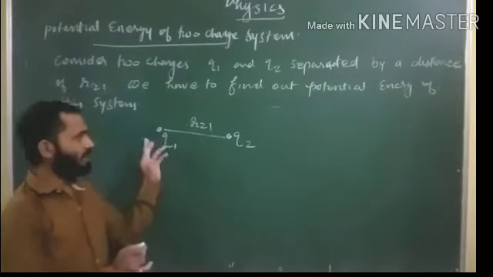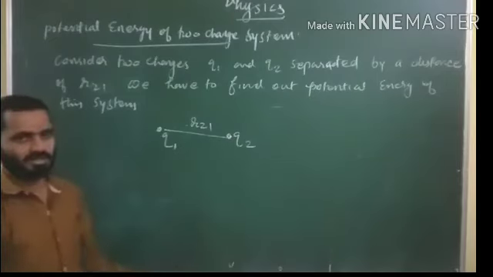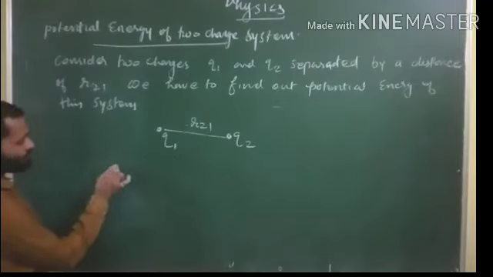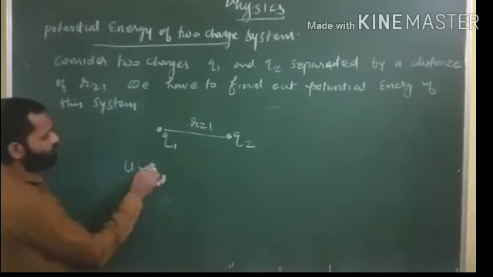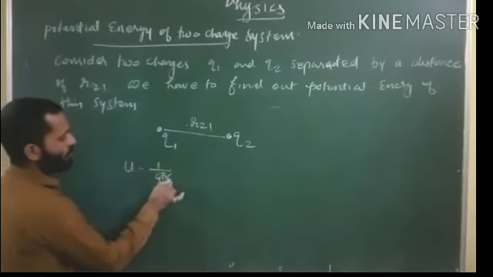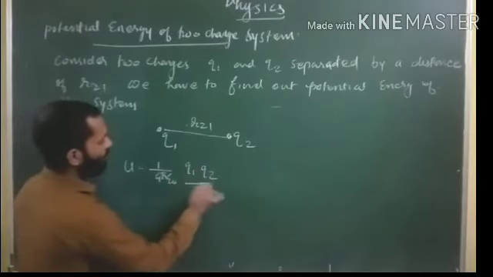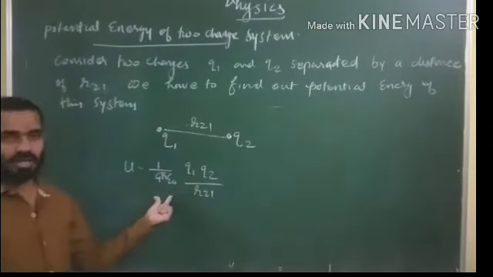Suppose these charges we are bringing from infinity to R21 distance, then the potential energy U will be equal to 1 by 4 pi epsilon naught Q1 Q2 divided by R21.